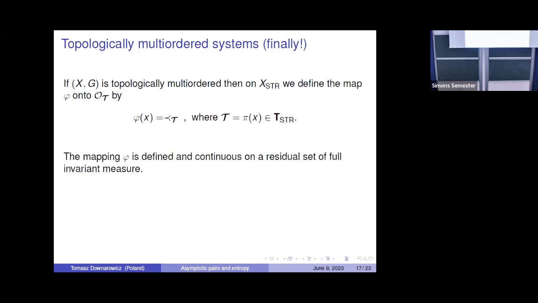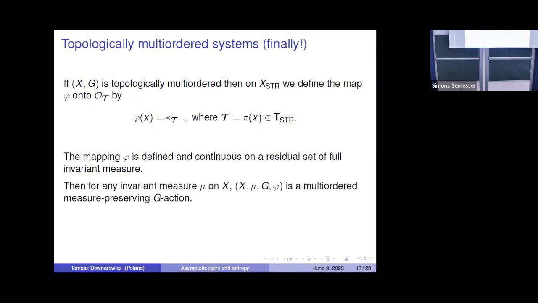It is defined and continuous on a residual set of full invariant measure of x. I didn't say it, but it's a subset of x. And for any invariant measure, again, we have that x, mu, g, phi is a multi-ordered system in the measure preserving sense that I defined earlier.